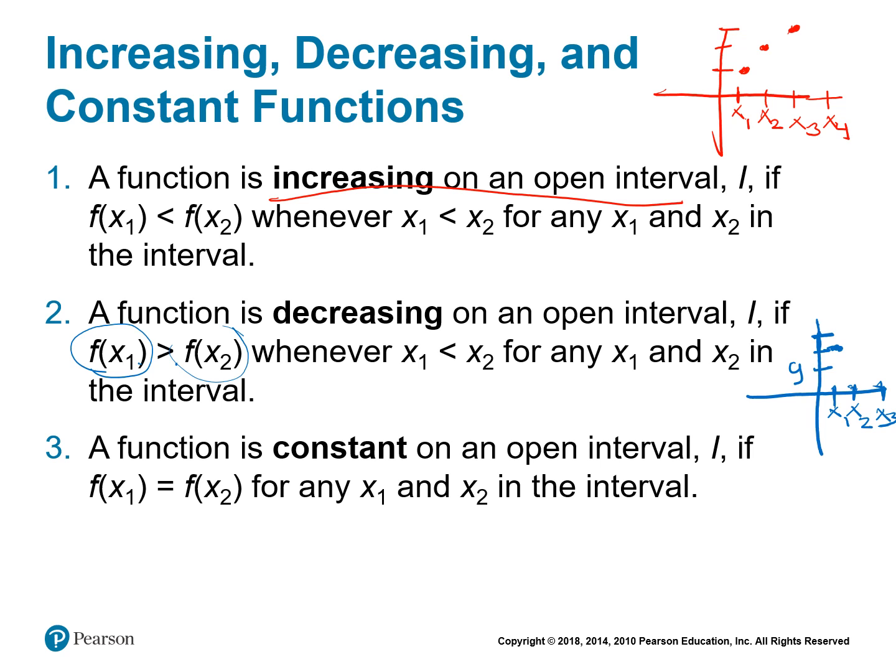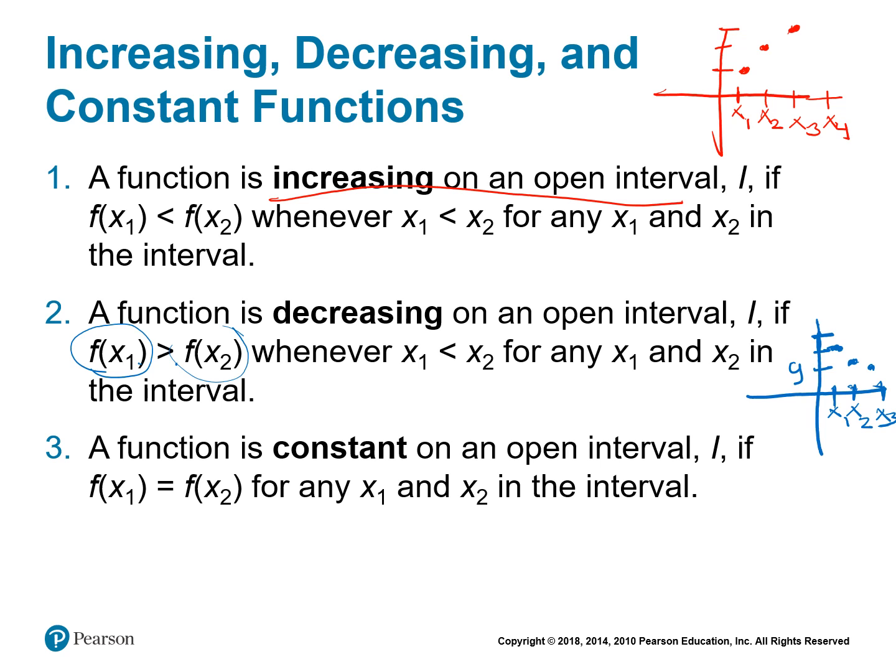The y value for x sub 3 likewise should be less than whatever the y value for x sub 1 and x sub 2 were. That would make it a decreasing function on an open interval.